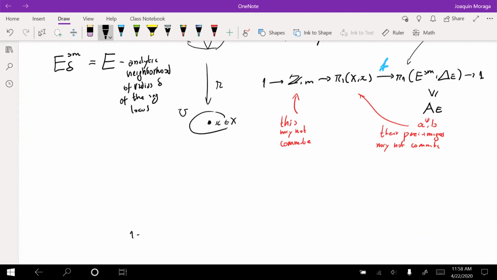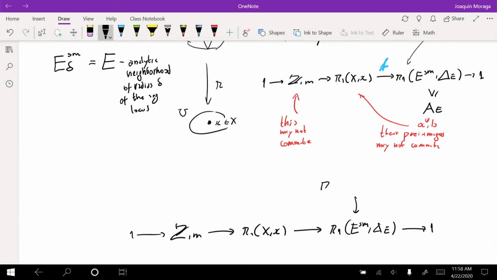So essentially, you lift every computation from this exact sequence to this pi1 of ESM delta. But now we know that the sequence actually splits because it's a trivial bundle on this guy.